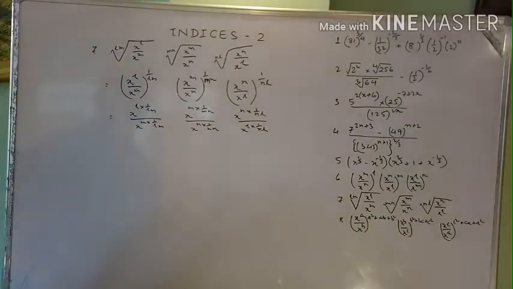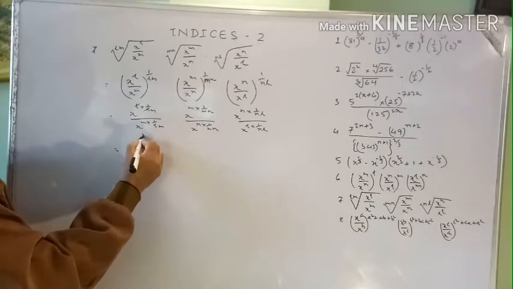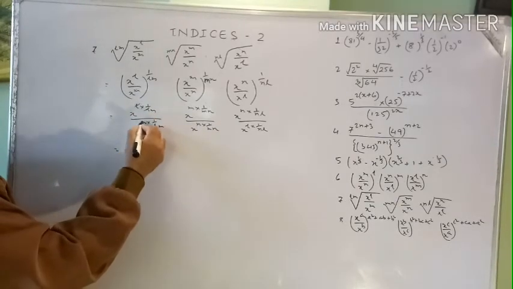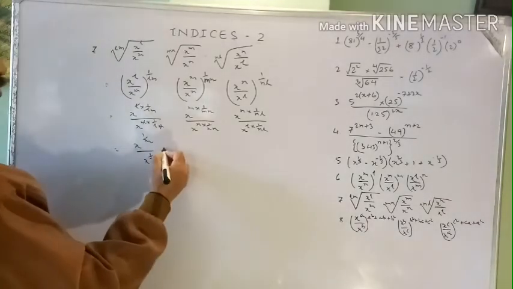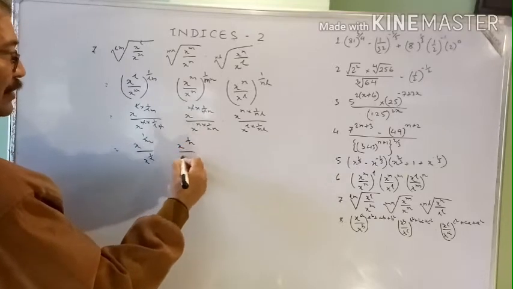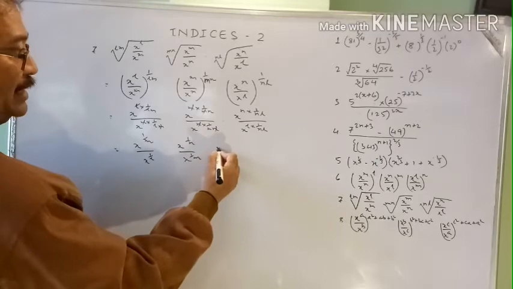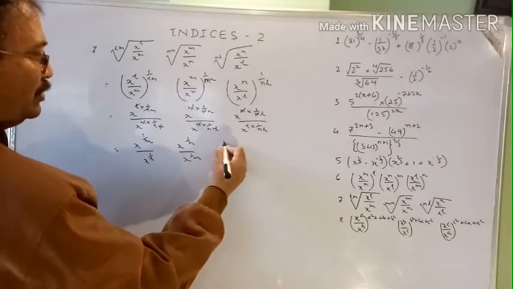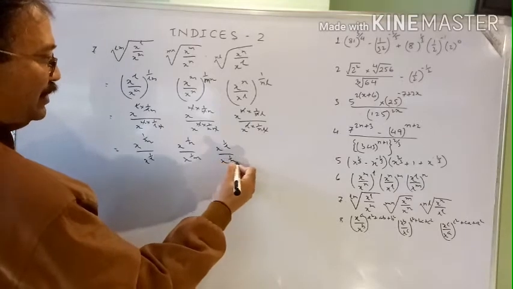Here l gets cancelled, so you get x to the power 1 by m, and here m gets cancelled, so x to the power 1 by l. In the next, x to the power m gets cancelled, so 1 by n; x to the power n gets cancelled, 1 by m; then x to the power n gets cancelled, so 1 by l; and x to the power l gets cancelled here, 1 by n.